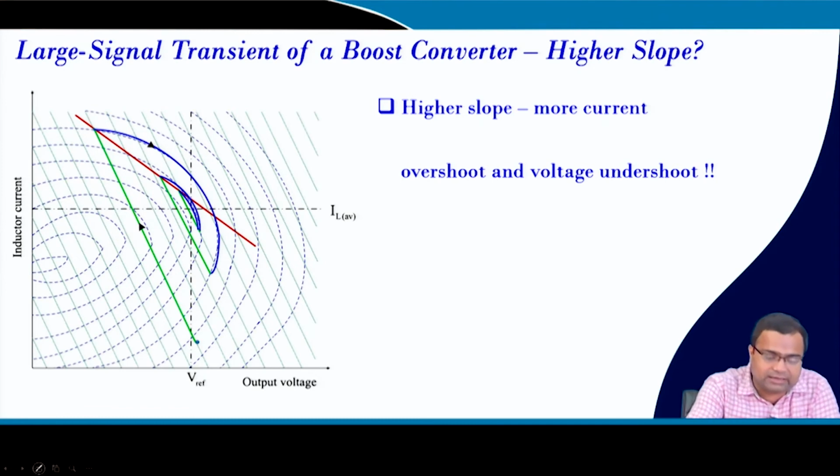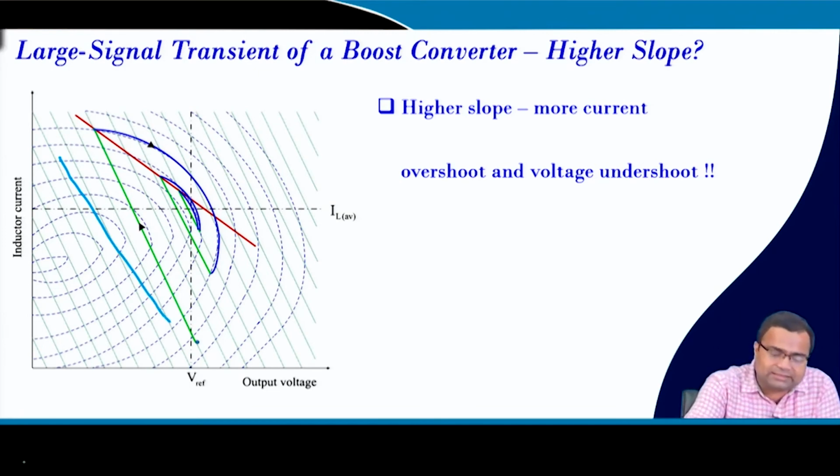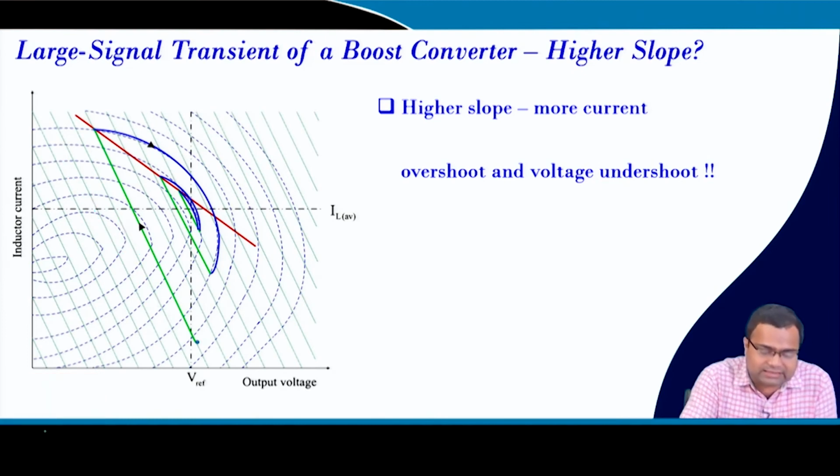That means, if you further increase the slope and make the slope even higher than the magnitude of this, you can see this is my on state trajectory. So, my on state trajectory looks like it is deviating from here. I am sorry, it should be the other way around, because we are increasing the slope.